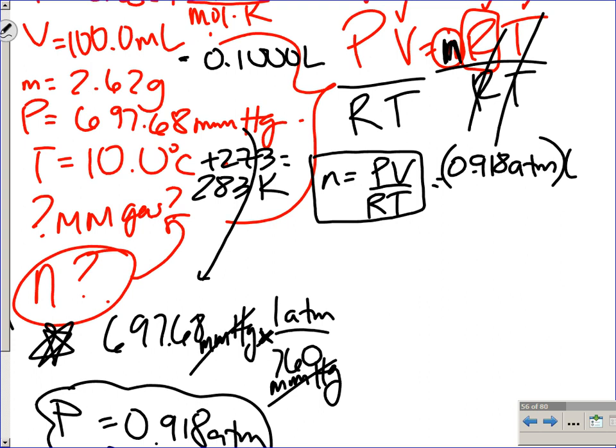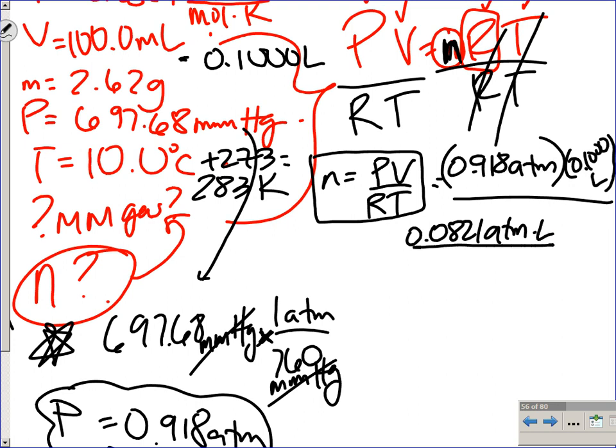What's volume? Liters. Okay, so 0.1000 liters. Okay, so that's P and V over, what's R? 0.0821 atmospheres times liters over moles times Kelvin.